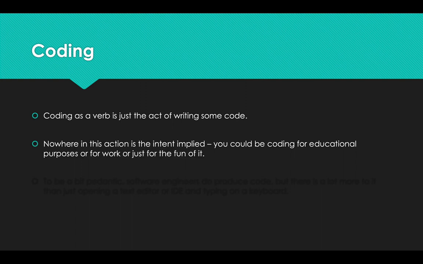So the important thing about this word that a lot of people are using on job applications, for example, is that it doesn't imply intent. A software engineer does not just code for their own health. They don't code for the fun of it in a lot of ways. They code for solving a specific problem.